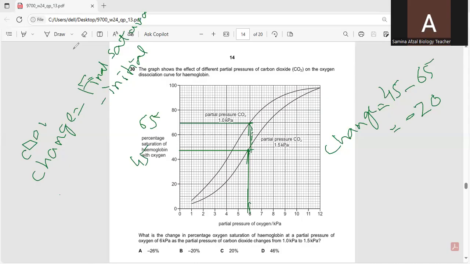According to this method, the answer is B, minus 20%. So you can find it in the examination this way. Maybe the lines drawn are a little bit different, but this is the actual method.